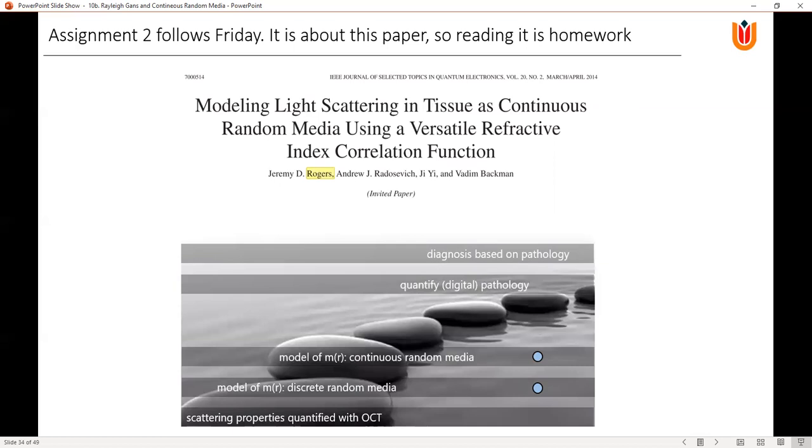From our side, we have tried to better understand how these scattering values that we measure come about. I've talked a lot about discrete random media, but perhaps the step bridging that could be these continuous random media.